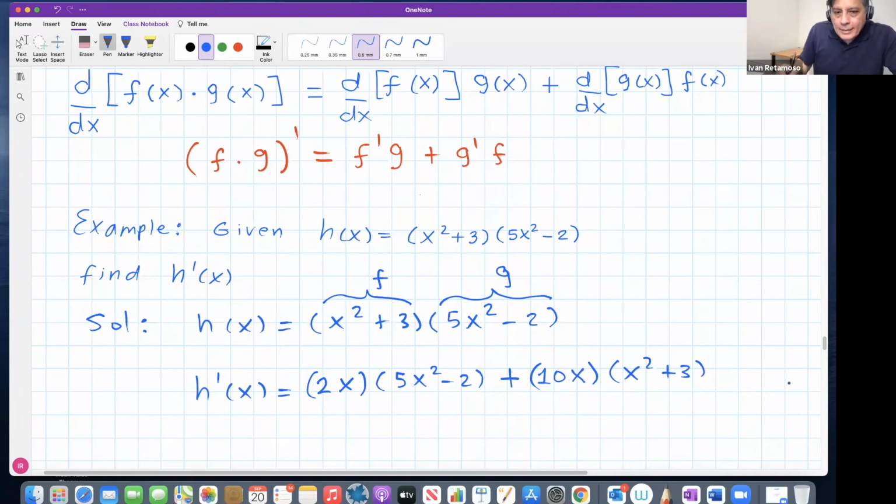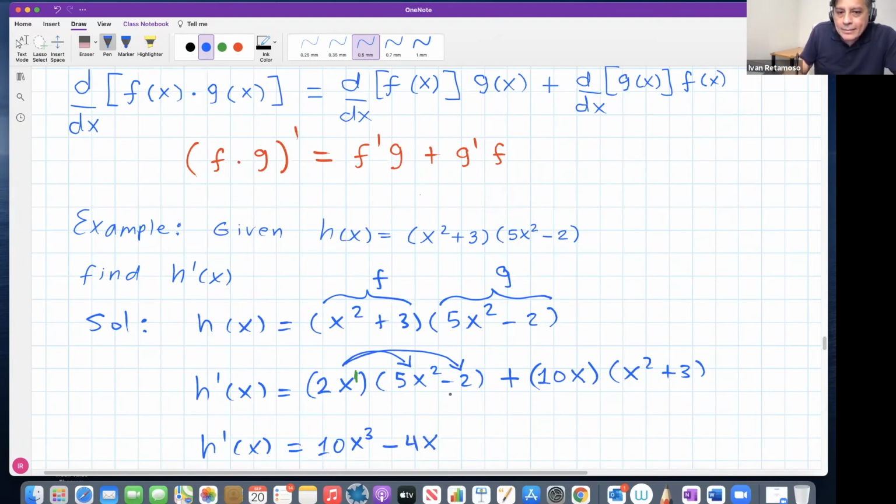Now, simply distribute the multiplication using the distributive property, and that should give us the answer. 2x times 5x squared is 2 times 5, 10, x to the first power multiplied by x to the second power. Remember, you add the exponents, 1 plus 2, 3, so x cubed here. This times this guy will be minus 2 times 2, 4x.